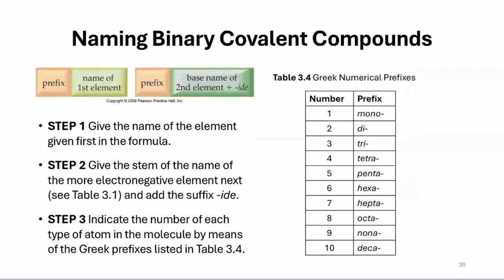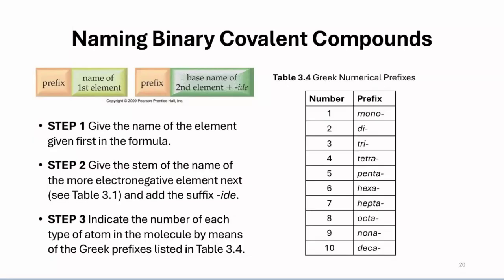Let's now go over how to name binary covalent compounds. When it comes to naming covalent compounds, understand that first we need to give the name of the element given first in the formula, meaning the first nonmetal or metalloid.